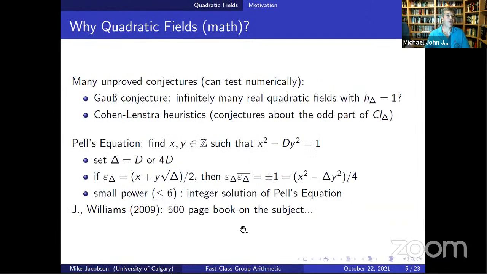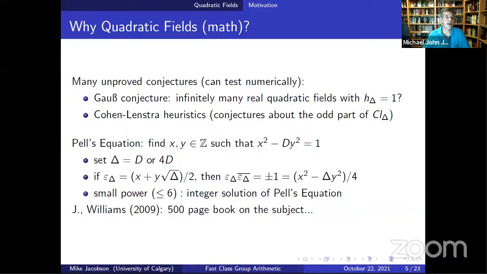Now, why quadratic fields? Even though these are the simplest types of number fields beyond Q that you can look at, there's lots of stuff that we just don't know about them. My motivation, and every talk in here is going to use class groups in a different way, is what makes it fascinating for all sorts of different purposes.